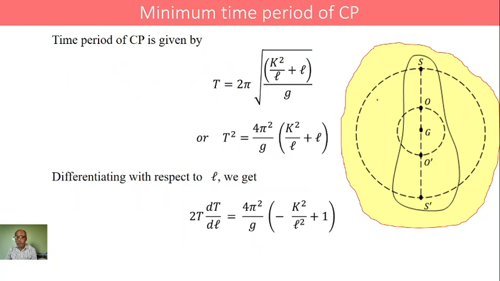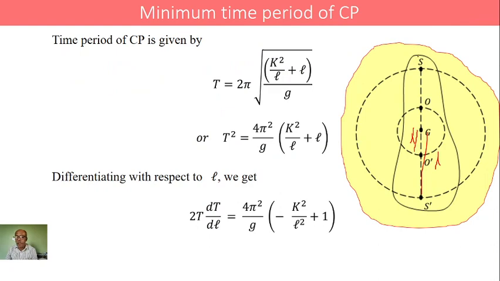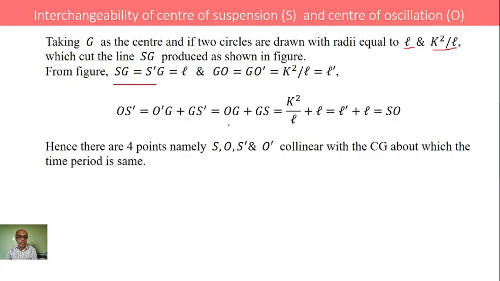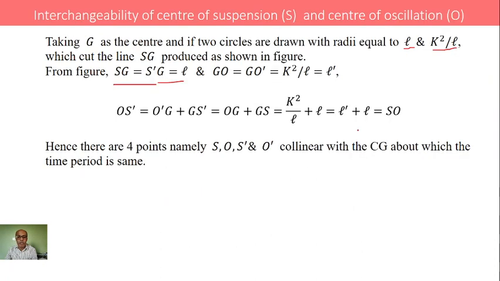This is the figure, right? This is L dash, and from here to here it is L dash, and from here to here it is L, similarly in the upward direction. Therefore from the figure, SG equals S dash G, each equal to L, and GO equals GO dash, each equal to L dash, which is equal to k square by L.